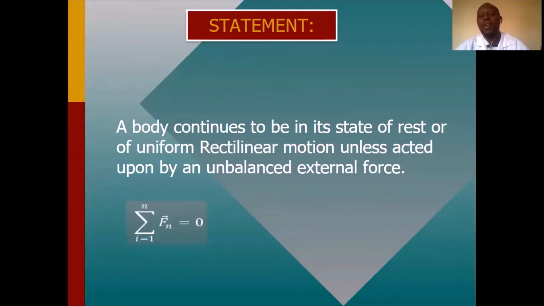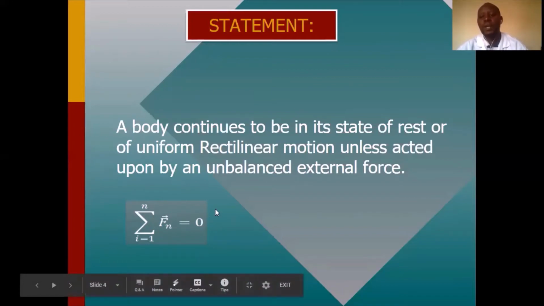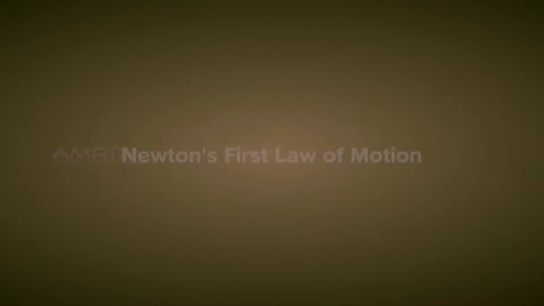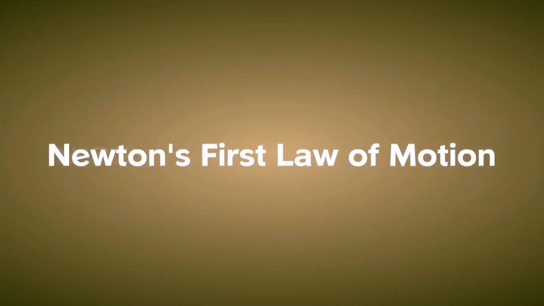So, when the net force is equal to 0, the object cannot change its state. It will change its state of rest or uniform rectilinear motion only when the net force is different from 0. Newton's first law of motion.